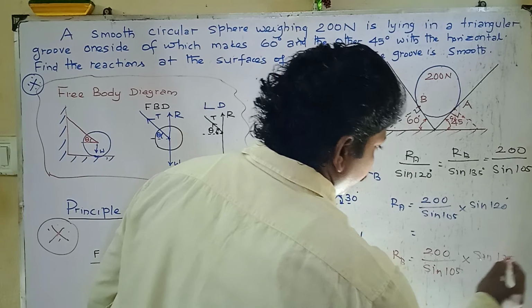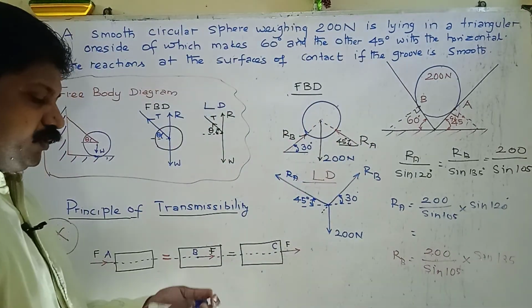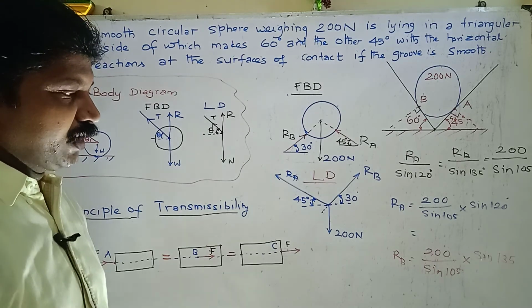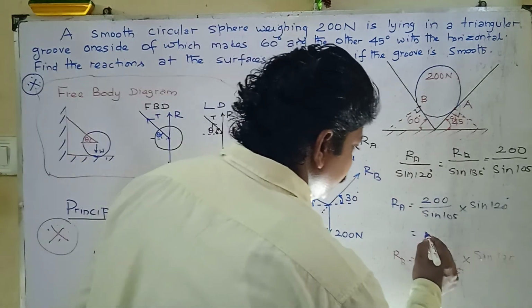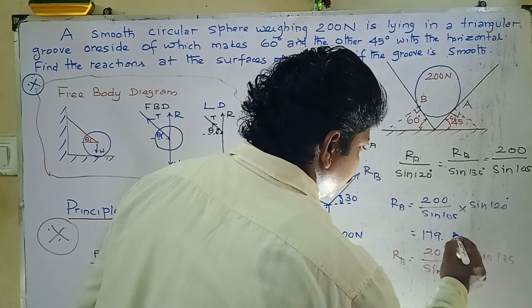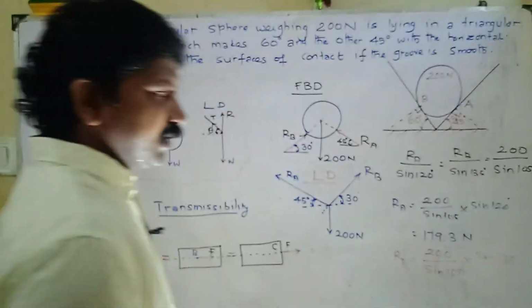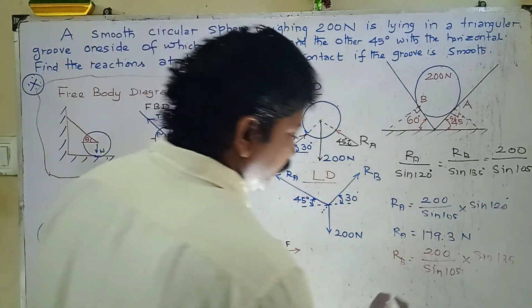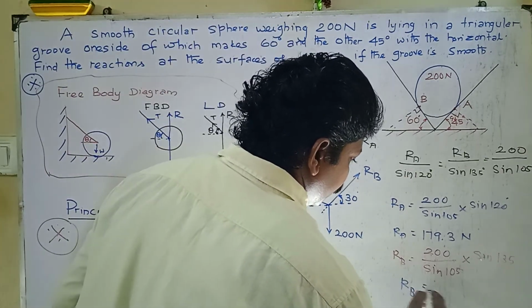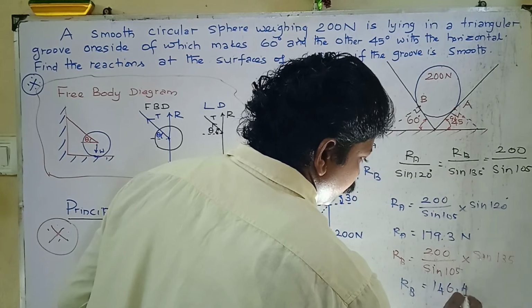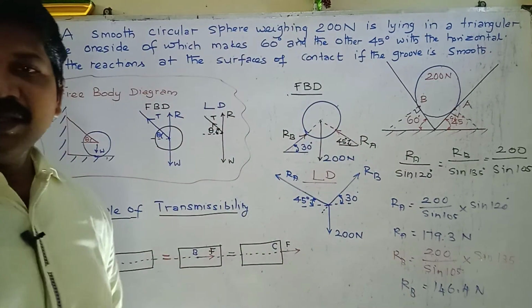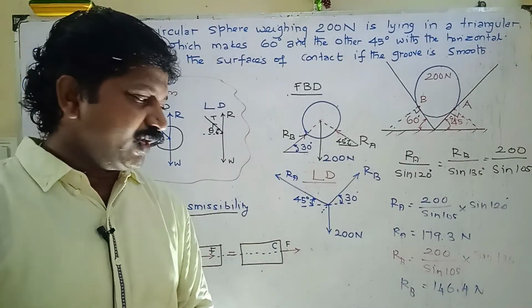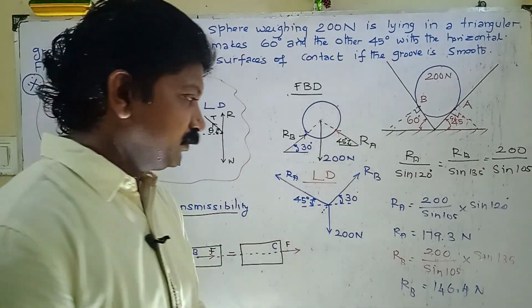Find the values by using a scientific calculator. RA equals 179.3 Newton, and RB equals 146.4 Newton.